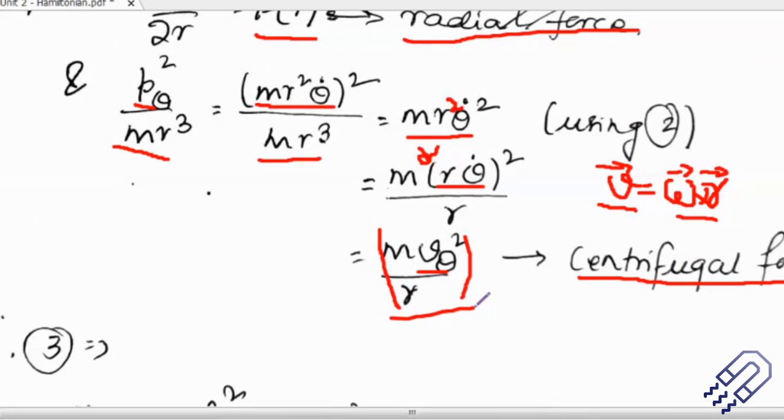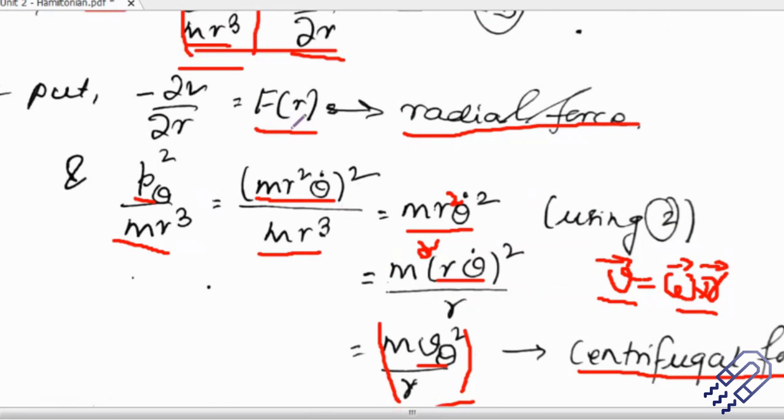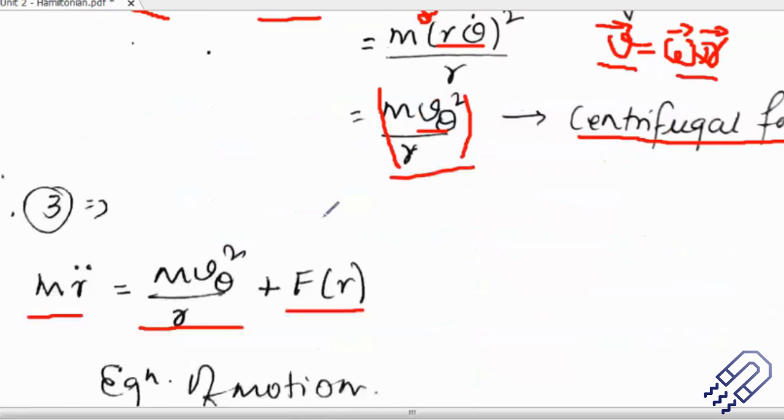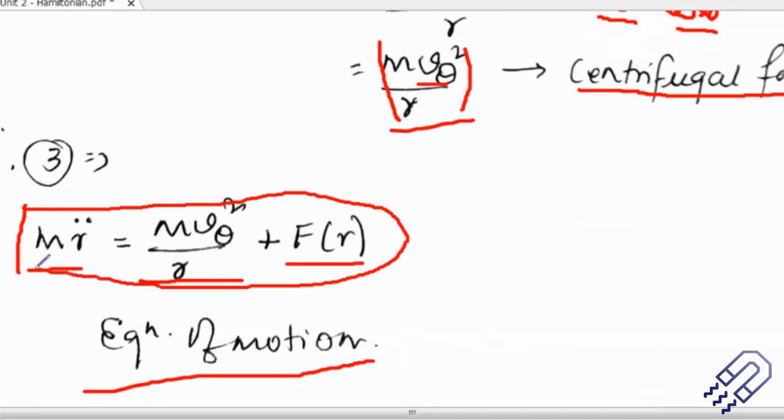We have r double dot, that is again acceleration, since it's the double differentiation of the radius. This is also written in terms of force. So it is good to write this also in terms of force, and that's why we are writing it as Fr. But there is no harm even if you leave it as minus del V del R. This is the best reduced form of the equation of motion of a central force problem.